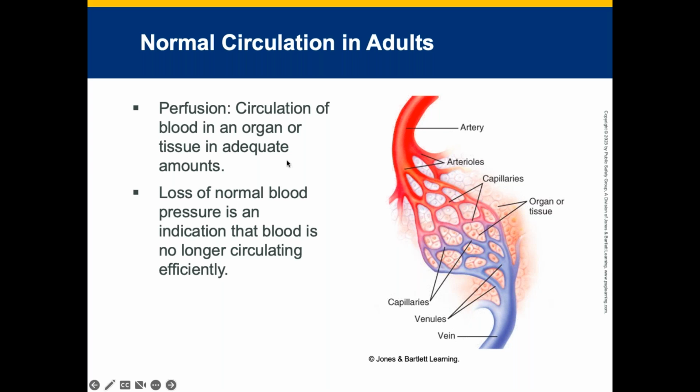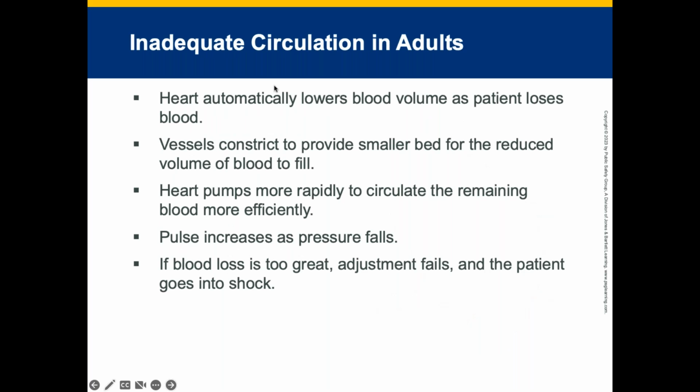So again, reassess vitals. If you have low blood pressure, put a line in. Keep in mind, get lines early. Get IVs early in the patient contact and assessment, because once they start bleeding out, they start losing vasculature, which makes it harder to do an IV. The heart automatically adjusts to low blood volumes as the patient loses blood, right?